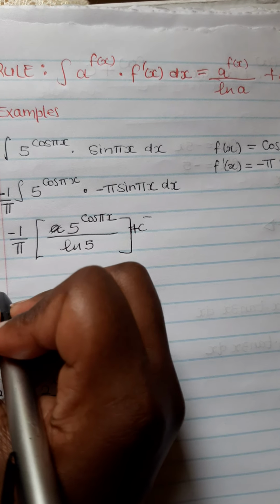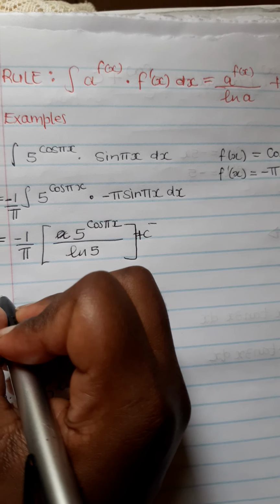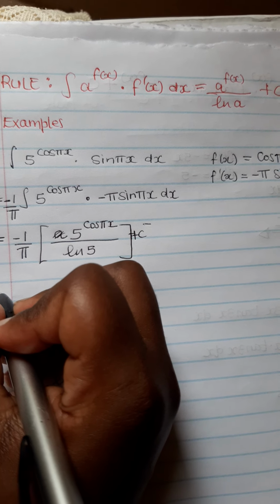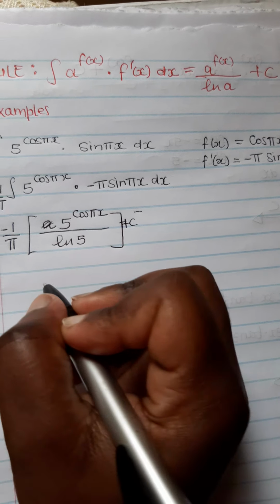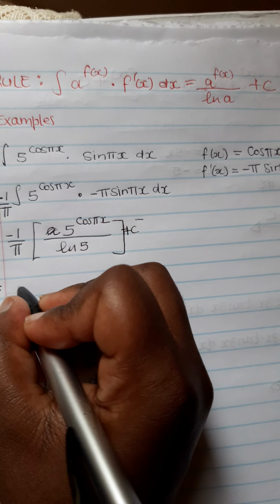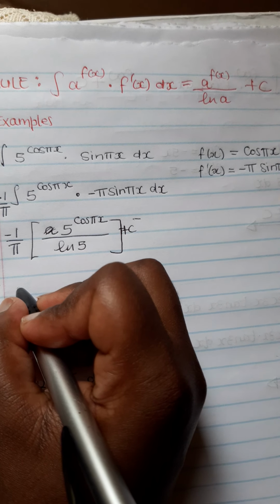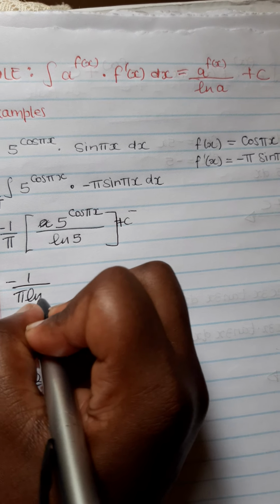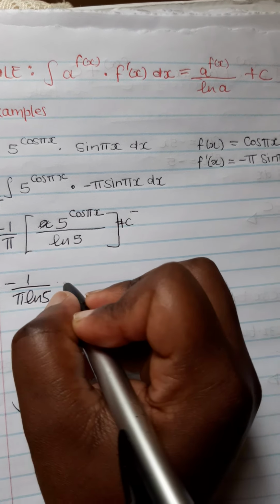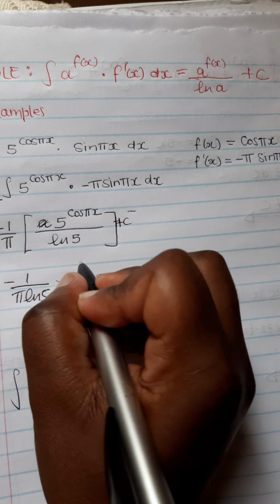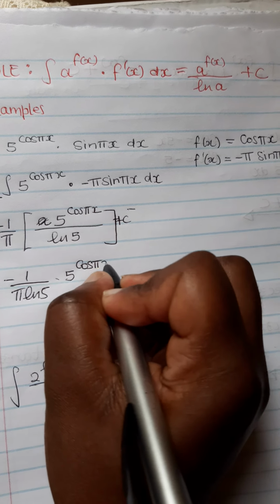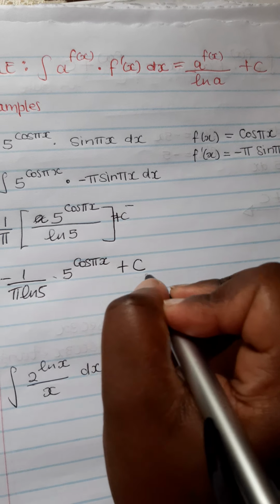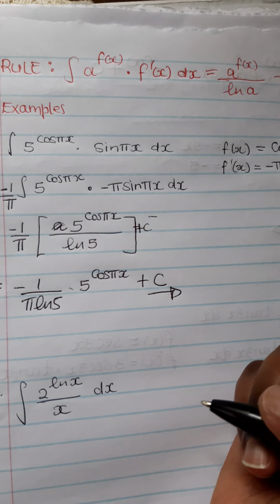Then this can also be written as negative 1 over pi ln 5 times 5 to the power cos pi x plus c as the answer.